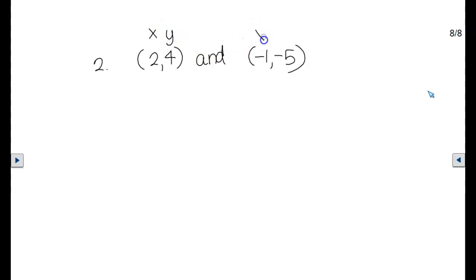All right, let's try this one. Let's say your points are 2, 4, and negative 1, negative 5. Let's label first. This would be x, y, x, y. And because I have ordered pairs, I'm going to go with y minus y over x minus x.